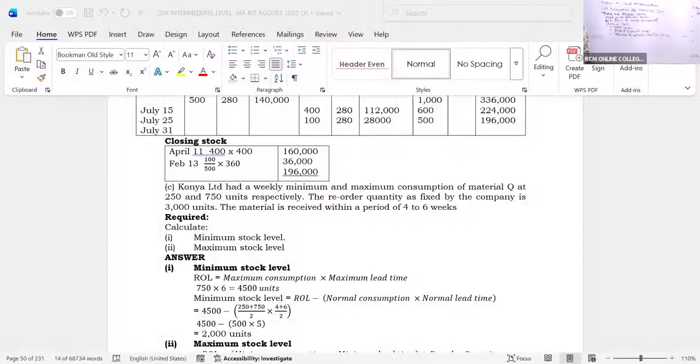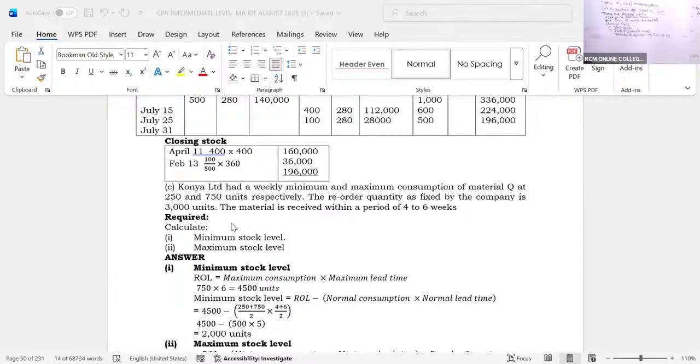So you're told here, the company Limited had a weekly minimum and a maximum consumption of material Q at 250 and 750 units, respectively. The reorder quantity as fixed by the company is 3,000 units.